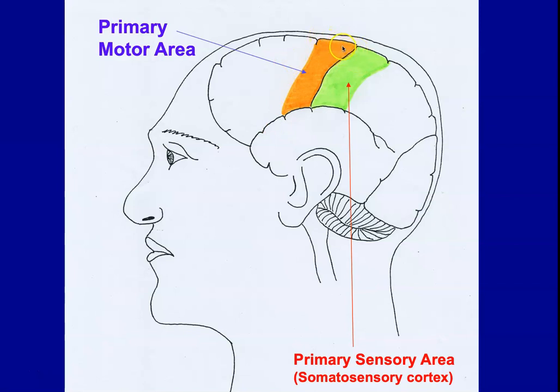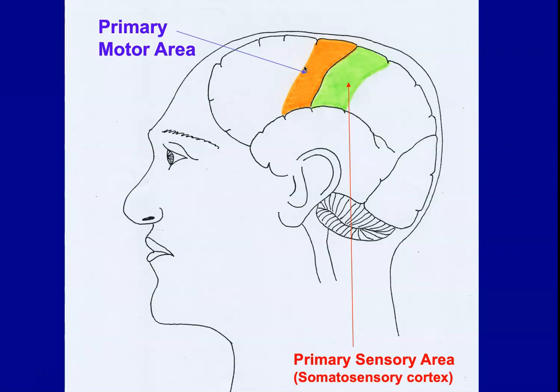So what we're going to do now is talk about some of these specialized smaller areas. In terms of localization, there's an area here, you can color it into your picture, called the primary motor area. And the primary motor area is what allows you to move. Interestingly, this is organized in a contralateral way.